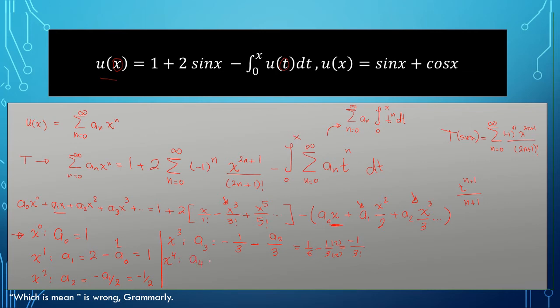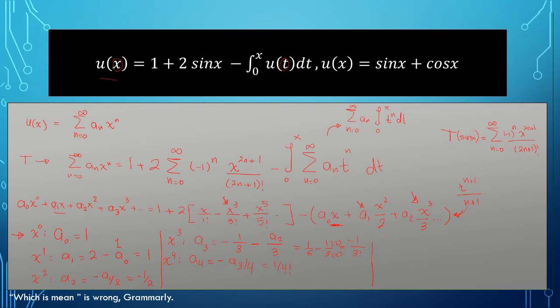a4 will be equal to, we will have it only in this part. So it will be what? It will be minus a3 over 4. a3 is equal to minus 1 over 3 factorial, so it will give us 1 over 4 factorial.